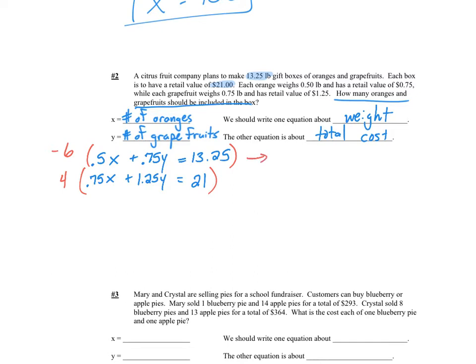So when you multiply these, -6 times 0.5 is -3x. -6 times 0.75 is -4.5, and that's a y. And then -6 times 13.25 is -79.5.